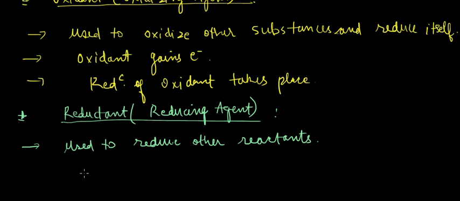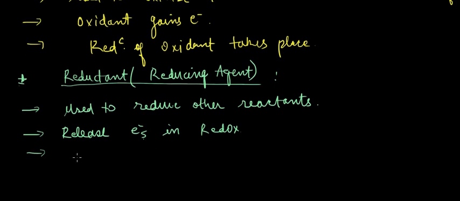Reductants release electrons in redox. The next point is that oxidation of the reductant takes place.